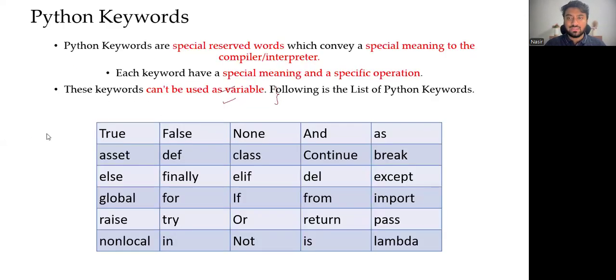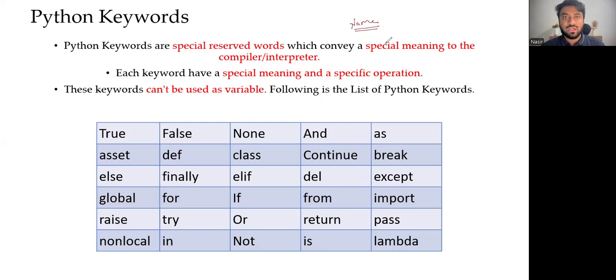What are keywords? Keywords in Python are special reserved words. For example, consider your name. Your name is a special reserved word for you. Whenever I call the name Rajesh, only Rajesh is going to turn back, and others are not.